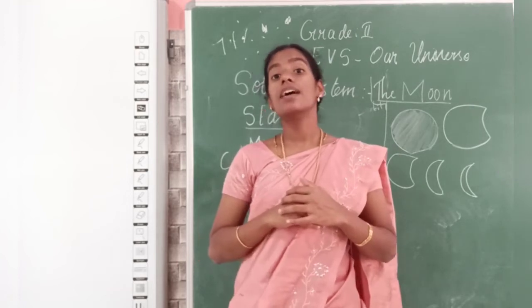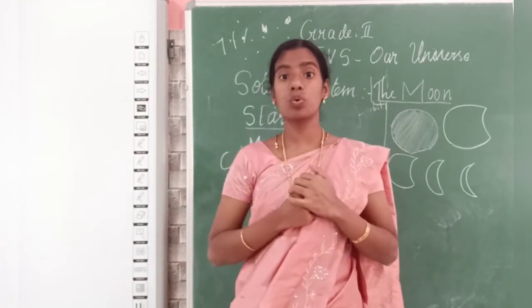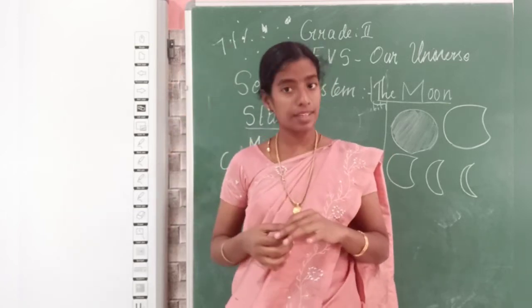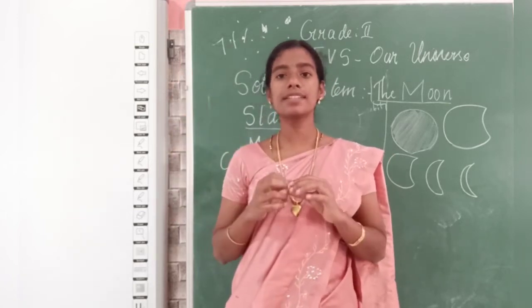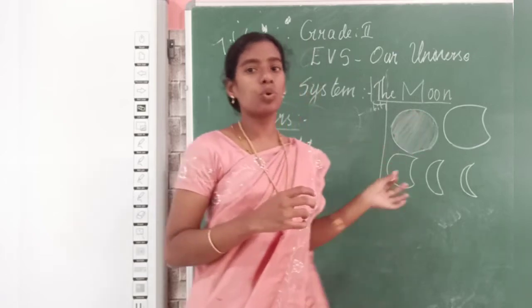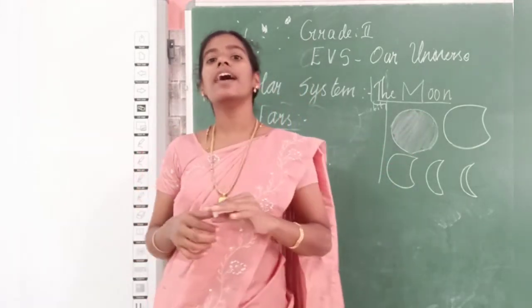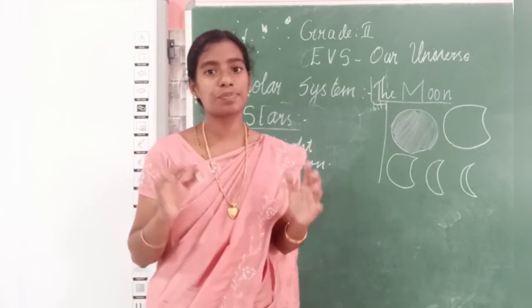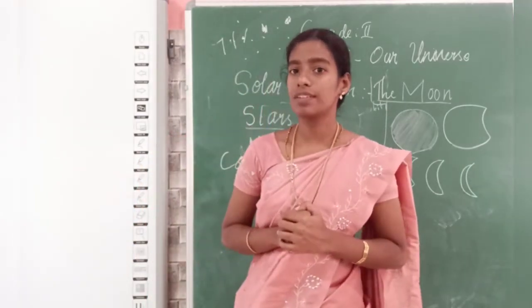No, right? Given the Earth is so big, we have 7 more planets like Earth and the many stars in the universe. So now you are clear about what things are present in the universe.